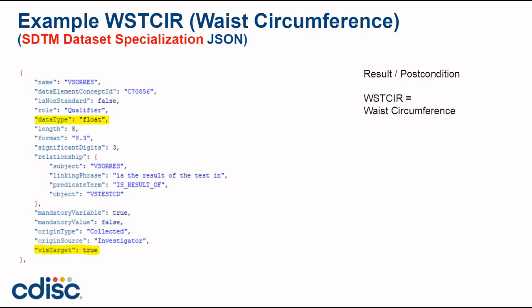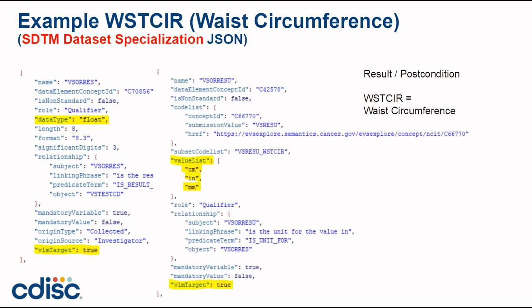In the same dataset specialization, we find a value level metadata target stating that the value of VSORRES is expected to be a number. And another one stating that the value of VSORRESU is expected to be one of centimeters, inches or millimeters.